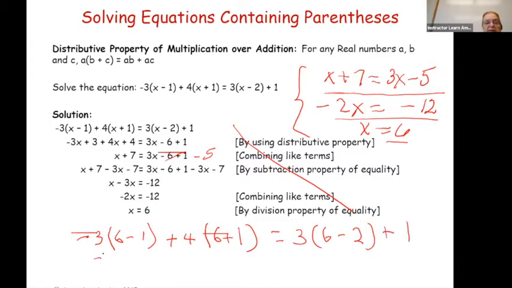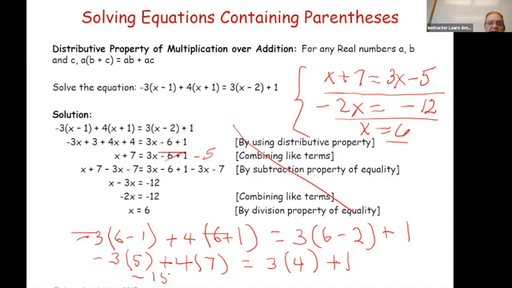And so this gives us -3 times 5 plus 4 times 7 equals 3 times 4 plus 1. So -15 plus 28 equals 12 plus 1. And this is 13, and this is 13. And so it checks. And remember, the check is not for my benefit. The check is for your benefit, so that you can see if you did the problem correctly. And if you didn't, then you can go back and redo it.